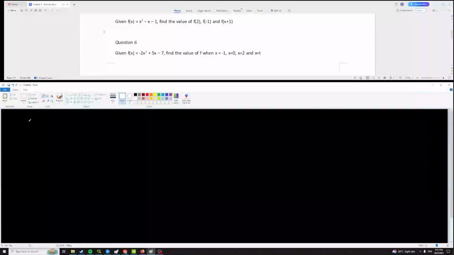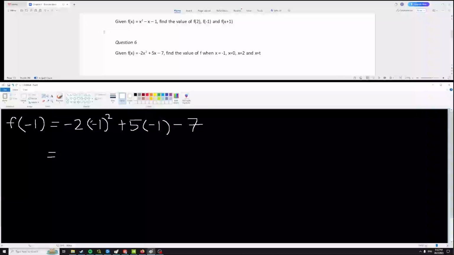Okay, this one, I'll just do it again. f of negative 1, plus... okay, this one is positive 1, so negative 2.